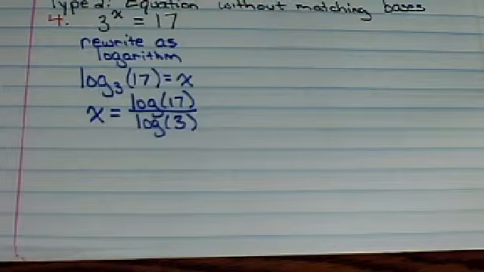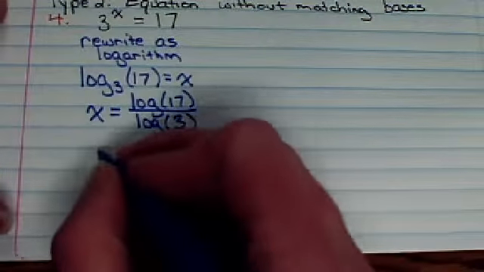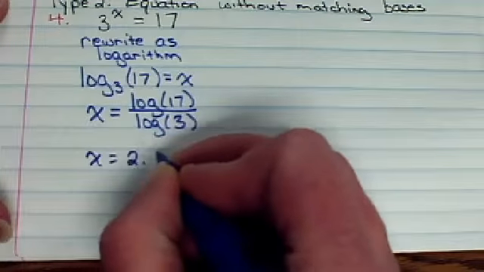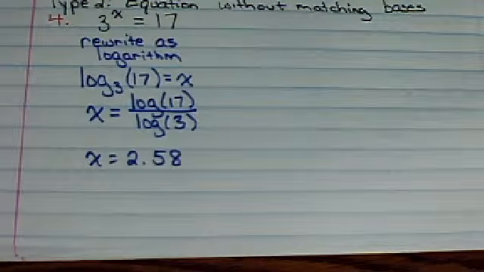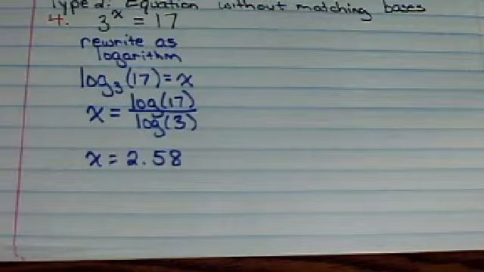And if I had a calculator handy, log of 17, close parentheses, divided by log of 3, and I get 2.58. It was right between 2 and 3, so we were right on that estimate. That is one way to approach that problem.